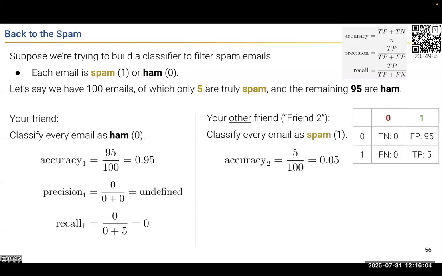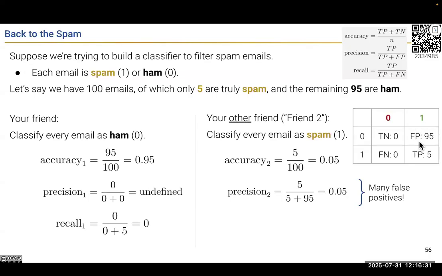What about our second classifier? Now we classify everything as spam, so all the predictions are going to fall into the second column. So precision is 5/100, 0.05. This is a very low precision, and the reason it's low is because you have a lot of false positives.